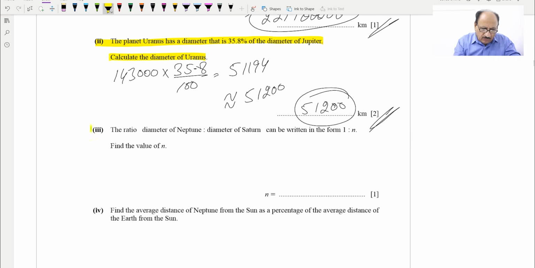Now for the third part, the ratio of the diameter of Neptune and the diameter of Saturn can be written in the form of 1:n. Find the value of n.